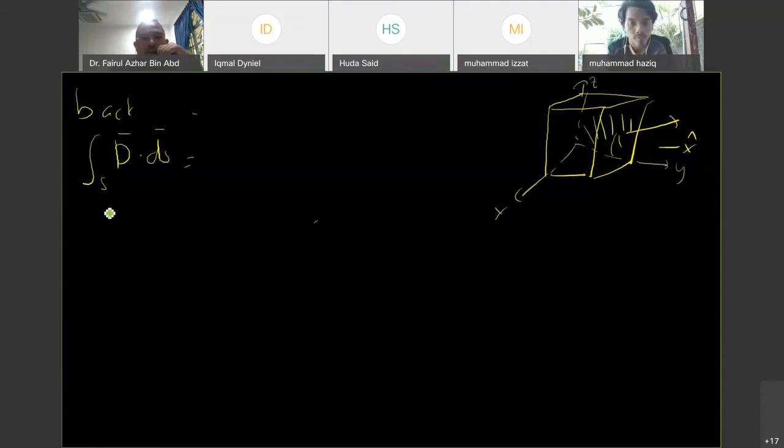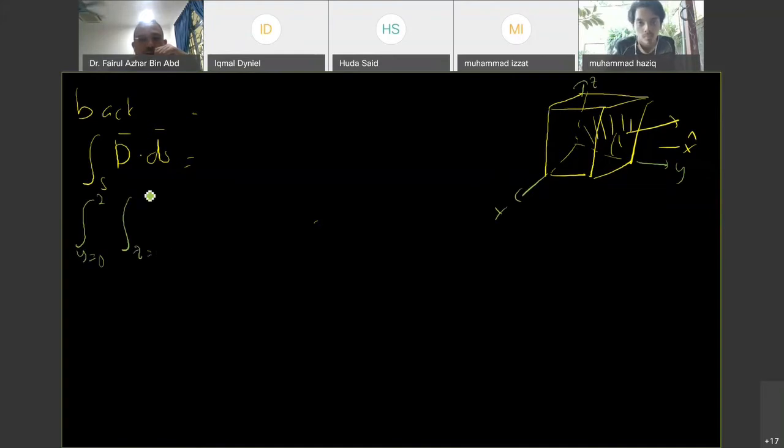Because the direction is negative x, we still have the same limits. The value of y changes from 0 until 2, and z is from 0 until 2 as well.